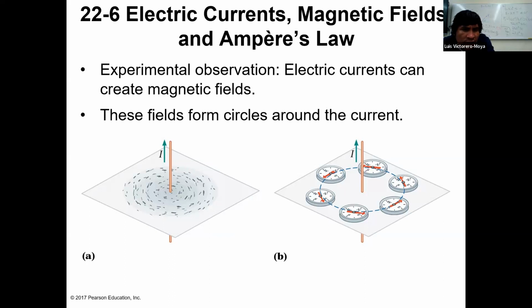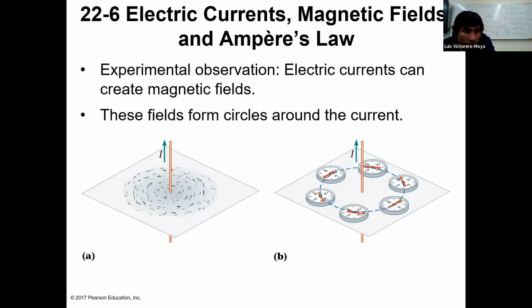And this can be easily tested in labs or even at home. You can use a magnetometer, which is a device that can measure the amount of magnetic field in certain regions. So if you have a cable, maybe the power cable from your computer or any appliance, you can measure the magnetic field due to the current flowing in that wire.